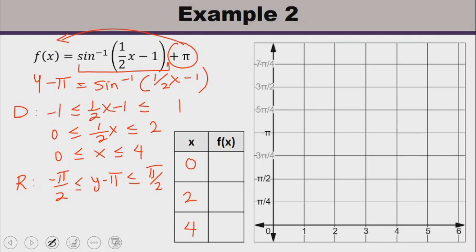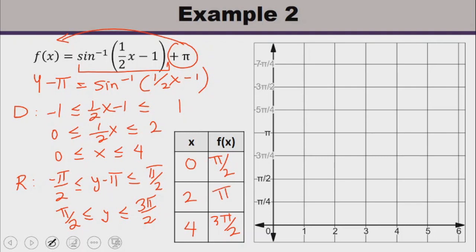Negative pi over 2 plus pi is just going to be positive pi over 2. And pi over 2 plus pi will be 3 pi over 2. So pi over 2 to 3 pi over 2. The midpoint between half a pi and 1.5 pi is going to be pi.